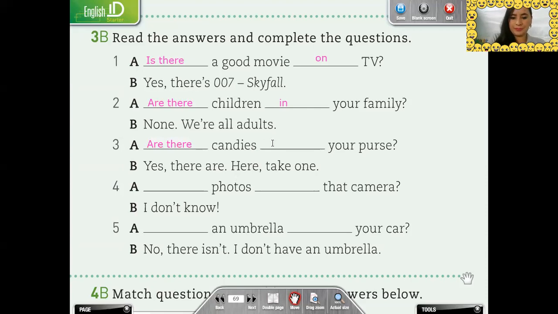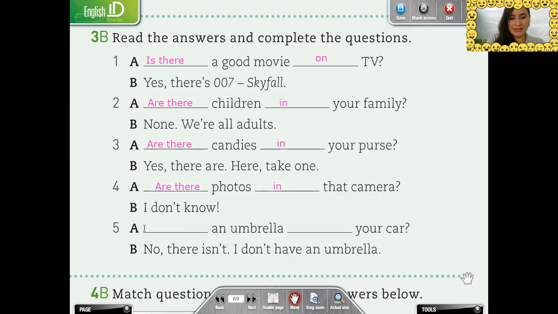In your purse. Yes, there are. Here, take one. This is an answer you can give to someone else. Number 4. Are there photos in that camera? In that camera. I don't know.